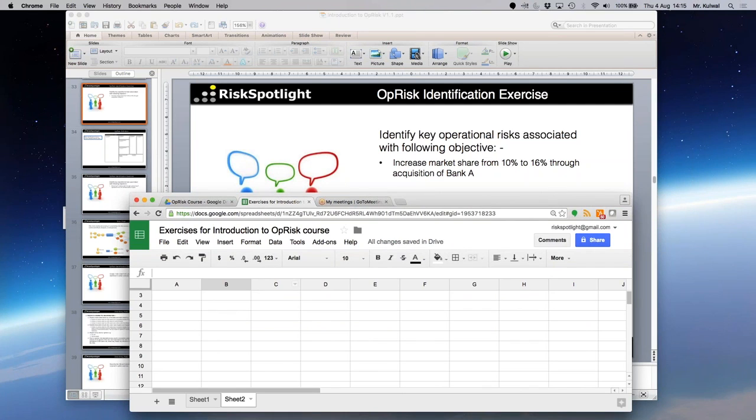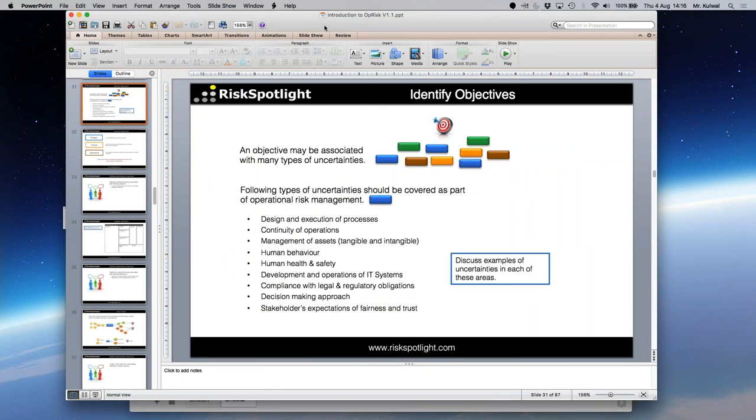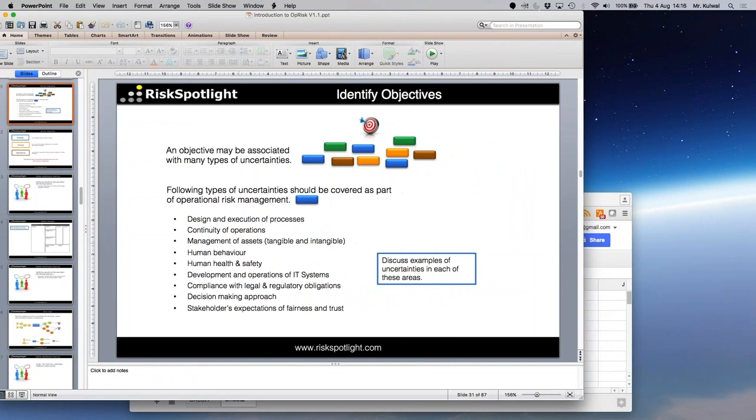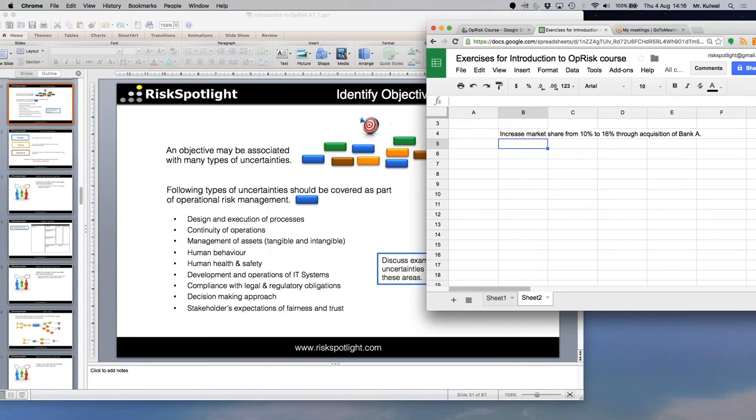So what could be the uncertainties around that operational risk? So if I just write down the objective here, so increase market share from 10 to 16% through acquisition of Bank A. Okay, and then I'll just take you to the previous slide where we had the criteria, so you have that in front of you, so you can use that criteria then to identify.